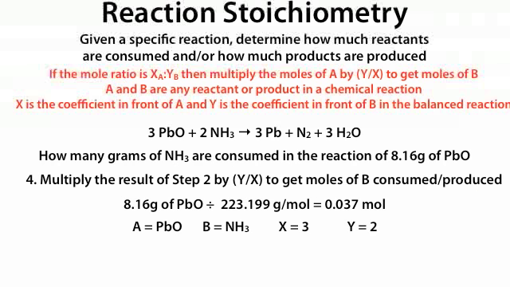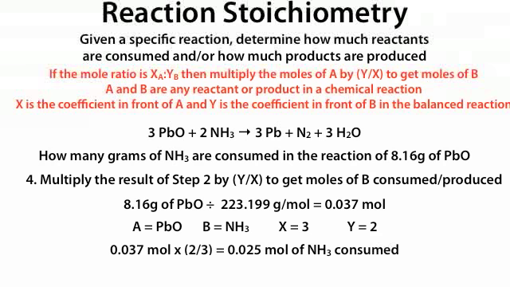Step 4. Multiply the result of step 2 by Y divided by X to get moles of B consumed or produced. The result of step 2 was the amount of moles of PbO. So we're going to multiply 0.037 moles by Y over X, or 0.037 times 2 over 3.